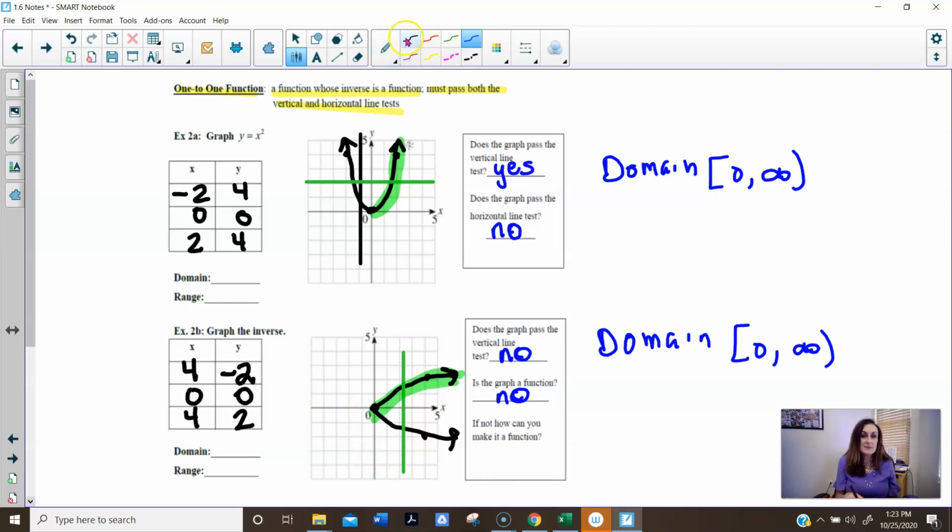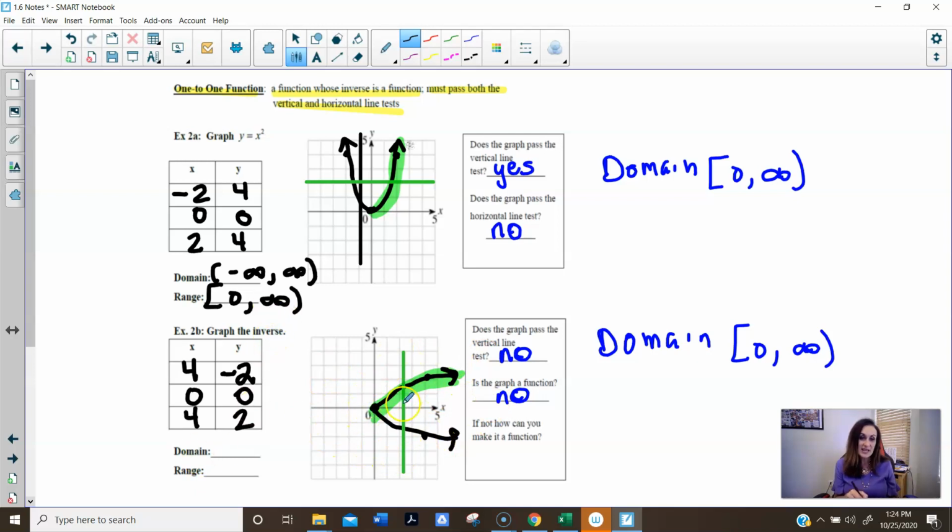All right, let's go over here. The original domain, I didn't write that in, but the original domain was negative infinity to infinity, and the original range was 0 to infinity. And when you take the inverse, the range becomes the new domain.